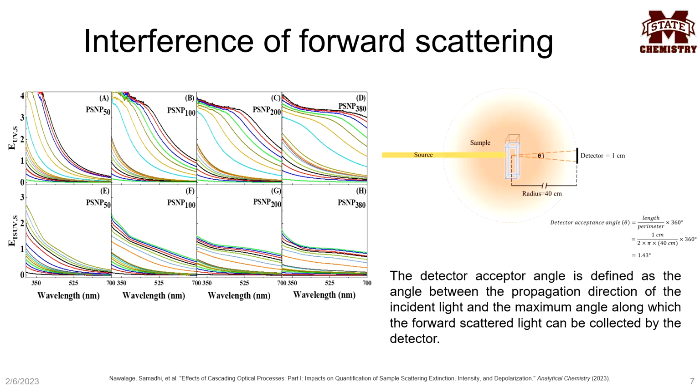The detector acceptance angle is defined as the angle between the propagation direction of the incident light and the maximum angle along which the forward scattered light can be collected by the detector. Since the acceptance angle of the conventional UV-Vis measurement is significantly smaller than that of IS-UV measurements, the UV-Vis intensity is invariably higher than the IS-UV intensity of the scattering samples.